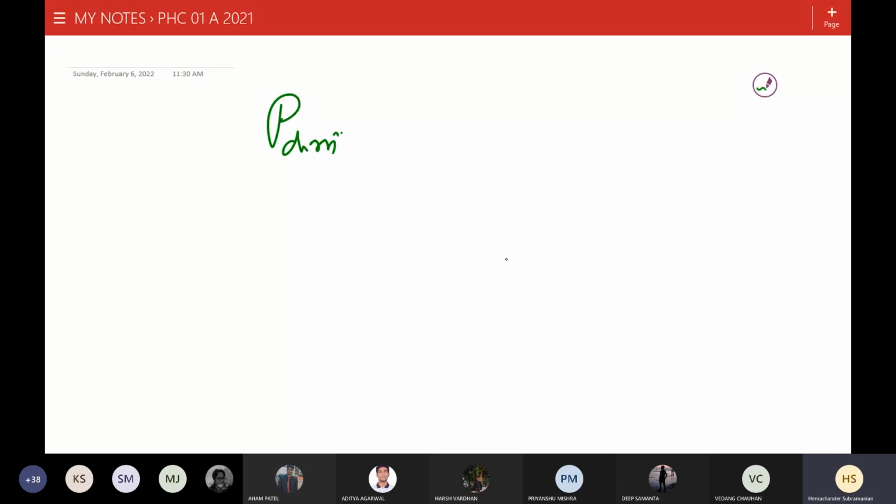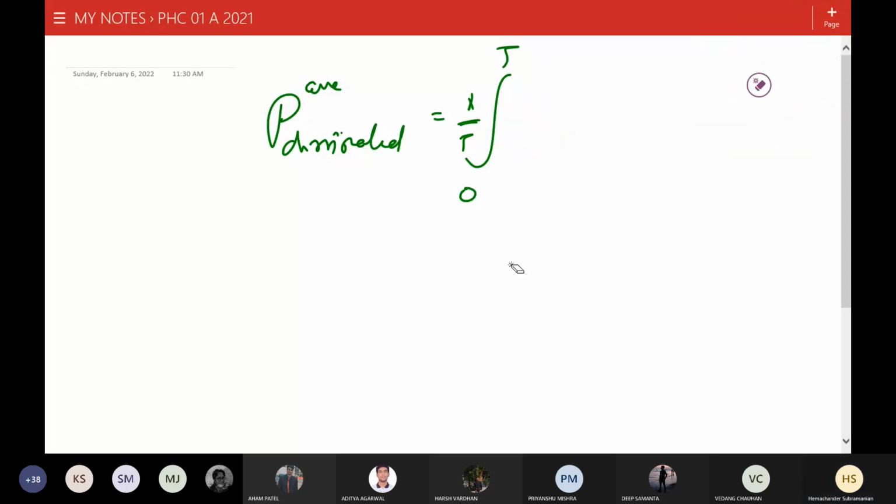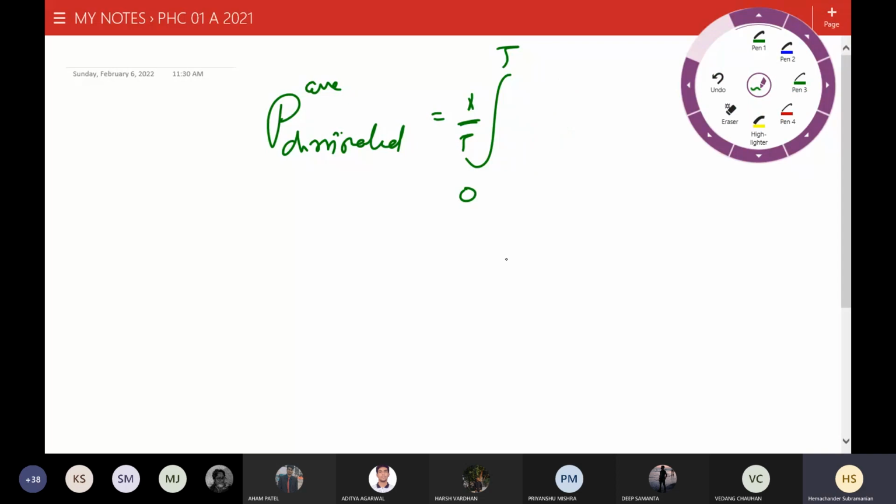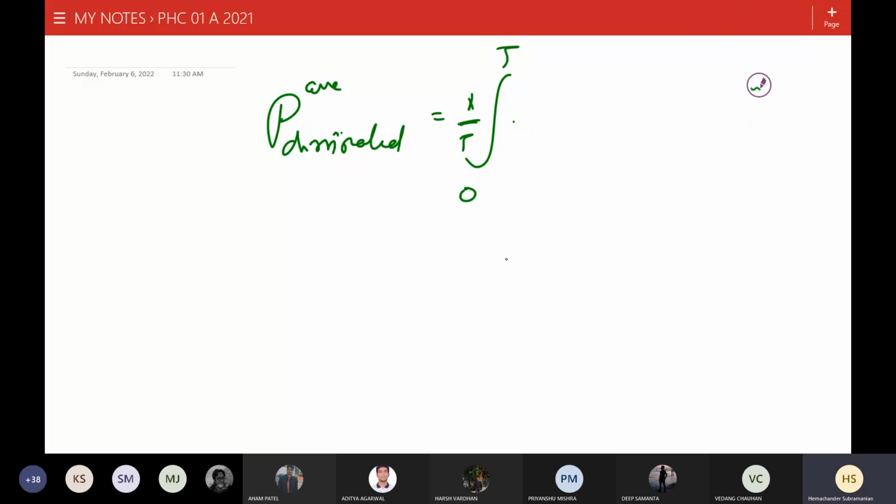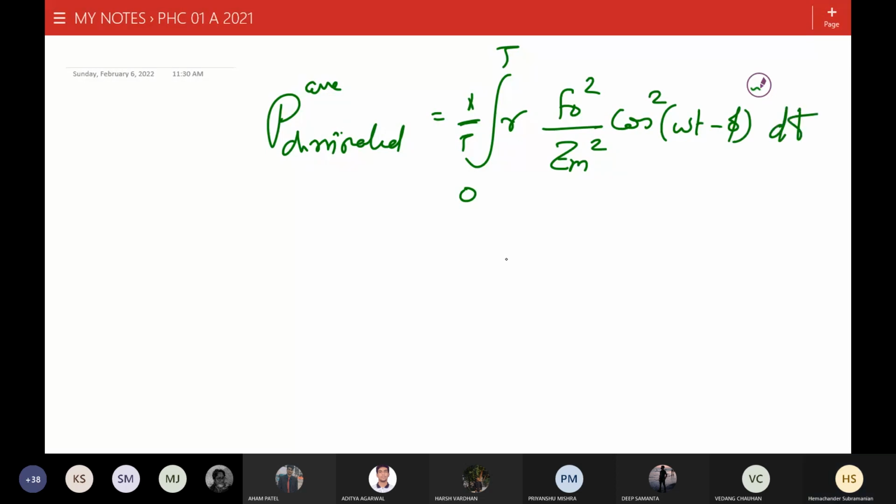P dissipated equals, this is average, by the way, 1 over T, integral from 0 to T, of R F naught squared over Z M squared cos squared of omega t minus phi dt. Am I right? So R x dot squared.